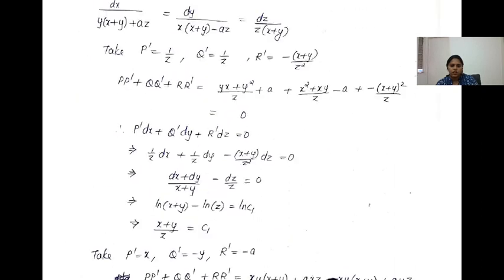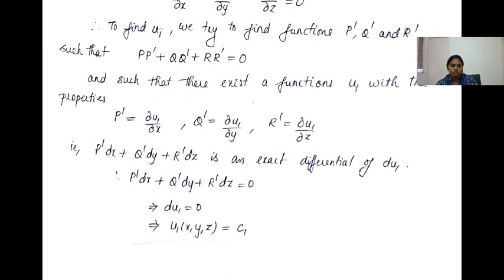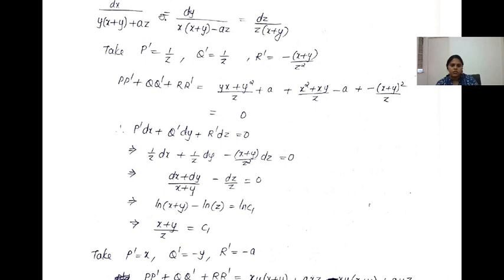Here I have given an example of the method of multipliers. This is a question. You need to solve dx by y into x plus y plus az equal to dy by x into x plus y minus az equal to dz by z into x plus y. This is what I have taken as multipliers p dash, q dash and r dash.